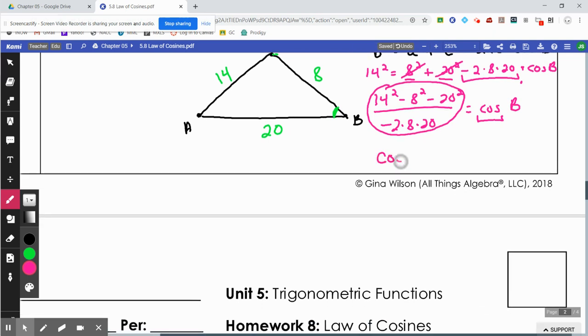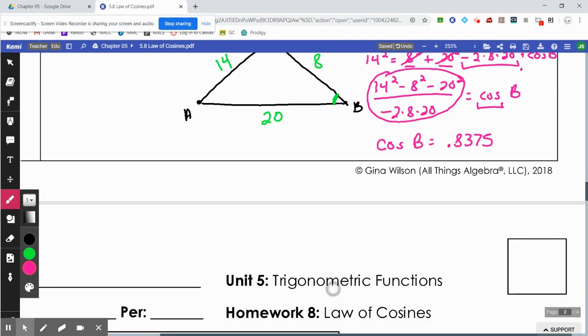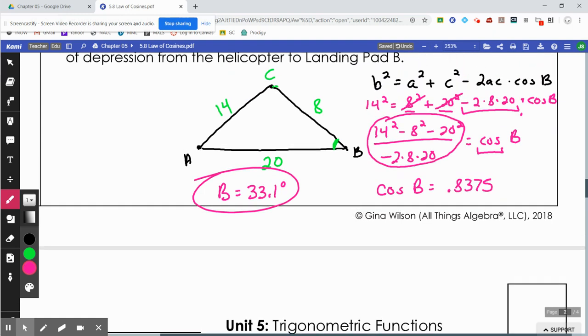But you're going to get either way, the cosine of B is equal to 0.8375. And then once you find the inverse cosine of 0.8375, you get that angle B is equal to 33.1 degrees. So therefore, this angle is 33.1, which means, again, this angle is also 33.1 degrees.